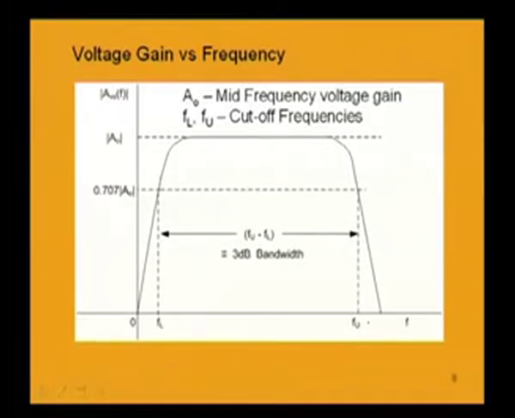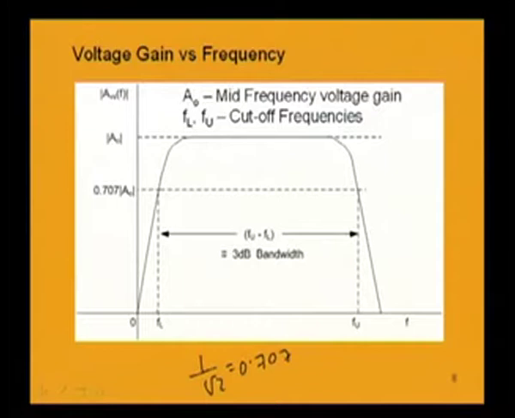That is, 1 by root 2 means 0.707. So the frequencies at which the gain drops off to 0.707 times the constant gain A naught, which is obtained in the mid frequency range, are called cutoff frequencies.